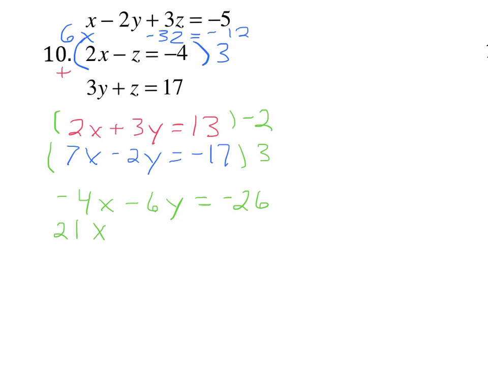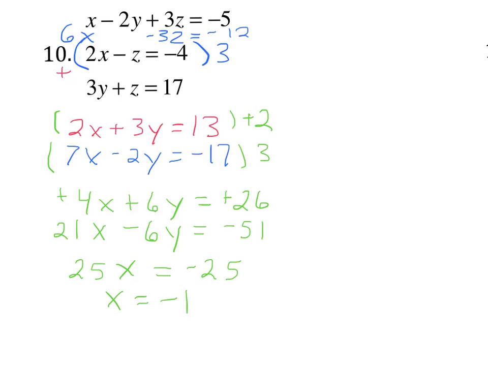Ooh, we should have multiplied it by a positive 2 up top because it's already negative. So let's change these guys to positives. There we go. So 21x minus 6y equals a negative 51. So that will give me 25x equals a negative 25. So x will equal negative 1.